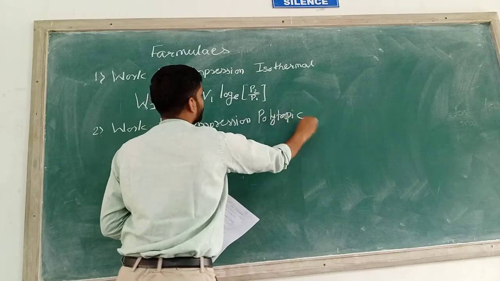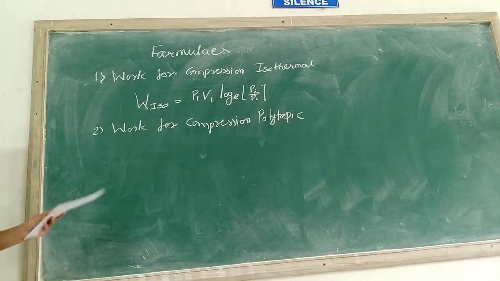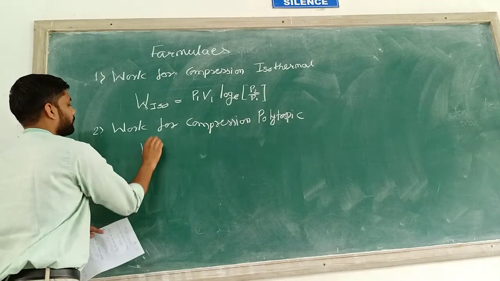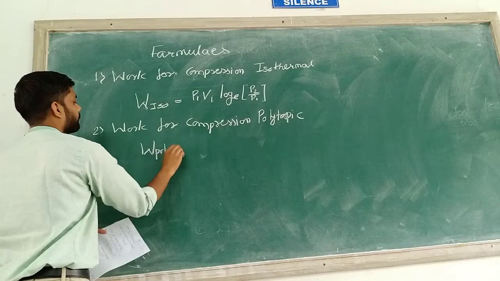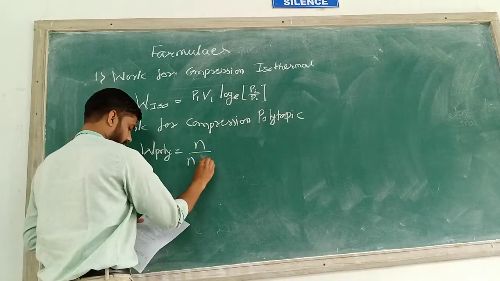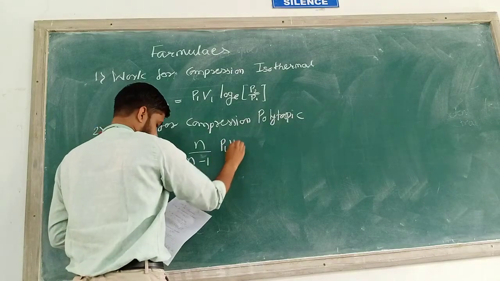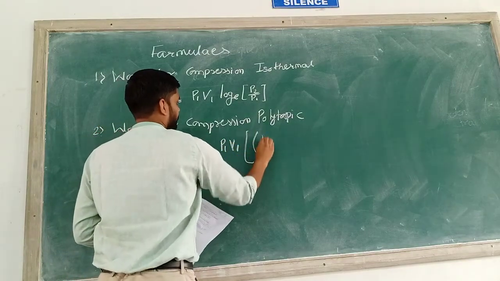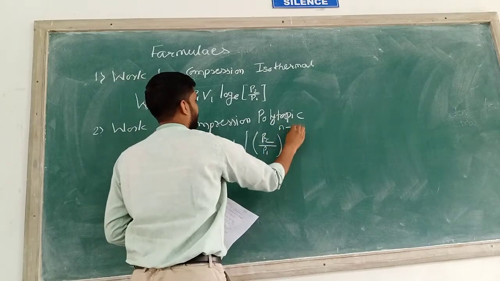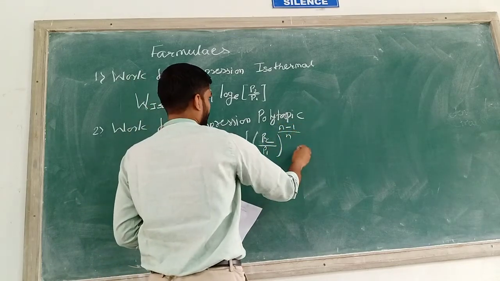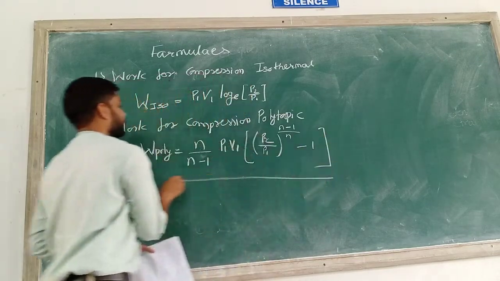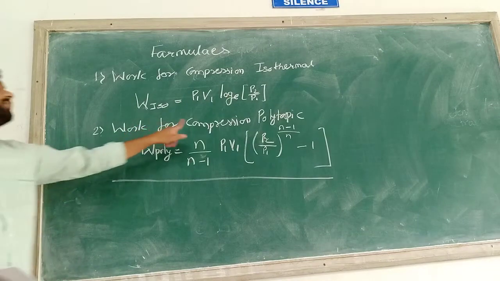When they give us the polytropic index, it means the compression is polytropic, and the formula for work done for polytropic compression is n upon n minus 1 P1 V1 into bracket P2 by P1 to the power n minus 1 upon n, minus 1. So this is the formula for work done for polytropic compression.